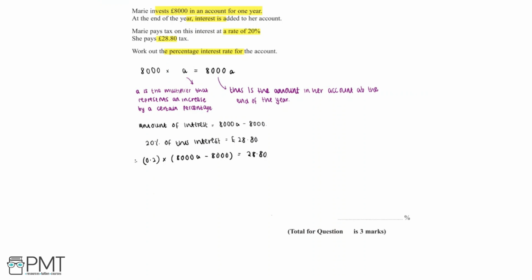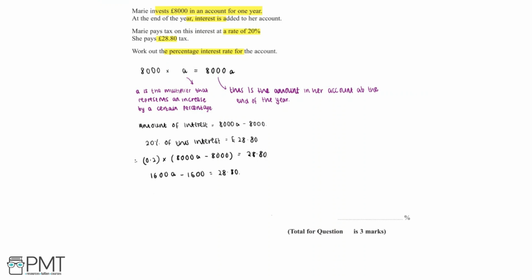And so we can say that 0.2 multiplied by 8,000A minus 8,000 is equal to 28.80. Now we can expand these brackets by multiplying 0.2 by each term. 0.2 multiplied by 8,000A is equal to 1,600A, and 0.2 multiplied by 8,000 is equal to 1,600. And so we can say that 1,600A take away 1,600 is equal to 28.80.